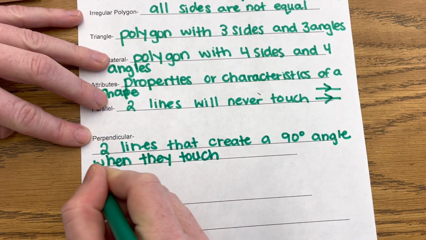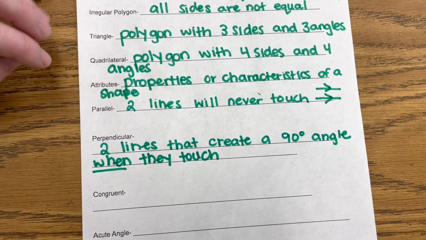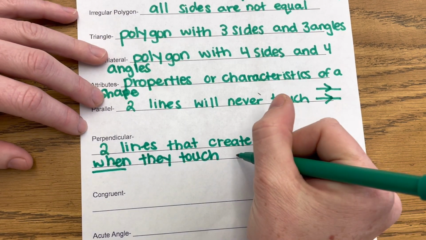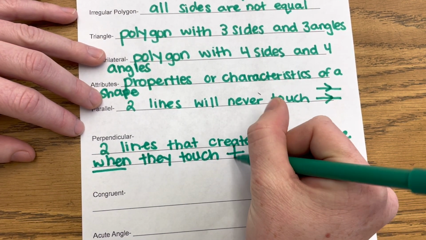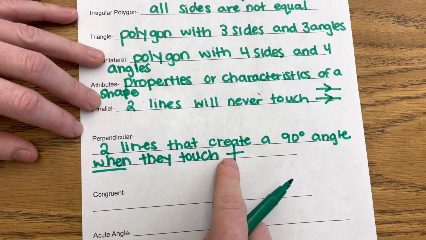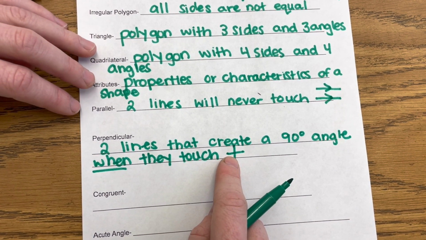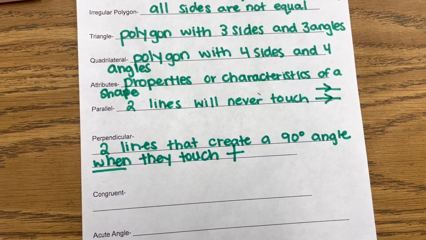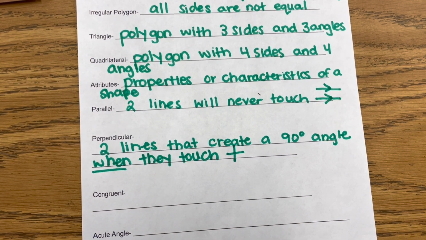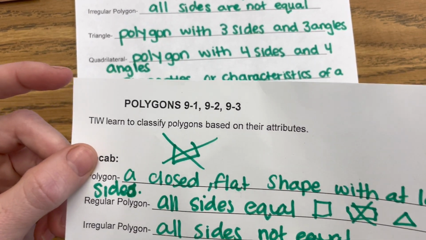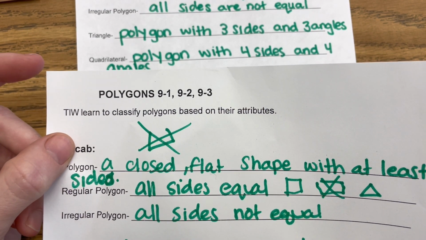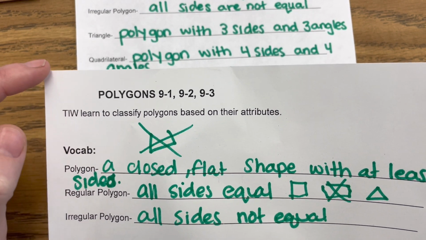The key word is when. They don't have to already be touching. So you might see this and see they touch and they create a 90-degree angle. Some of you might be wondering, what is a 90-degree angle? A 90-degree angle, I like to think of, is the corner of my paper. That is a 90-degree angle right here.